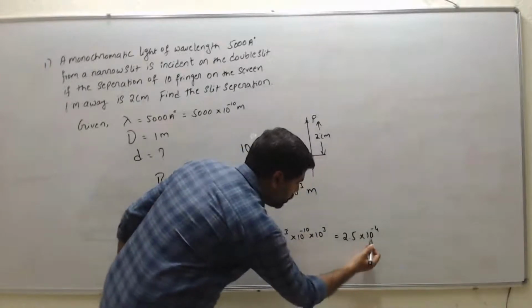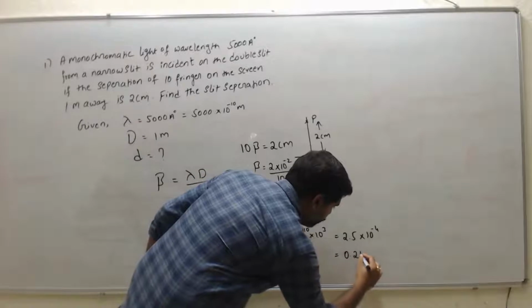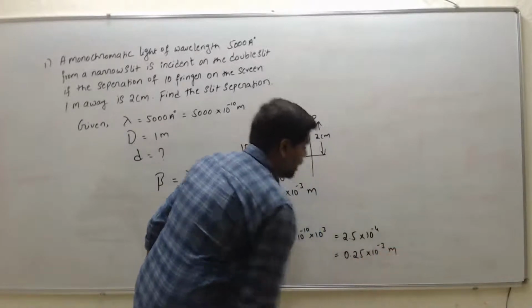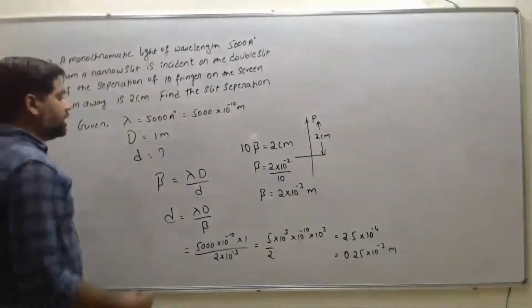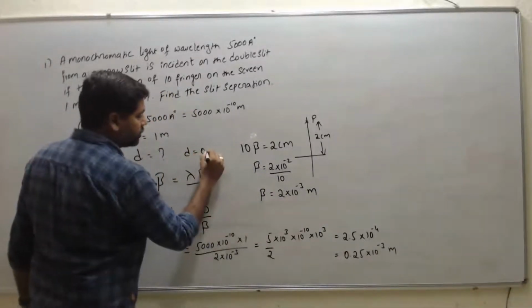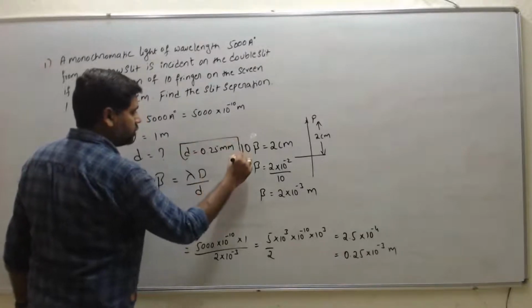If we shift one more, that is divided by 10, then it is 0.25 into 10 to the power of minus 3 meter, or we can write D is equal to 0.25 millimeter.